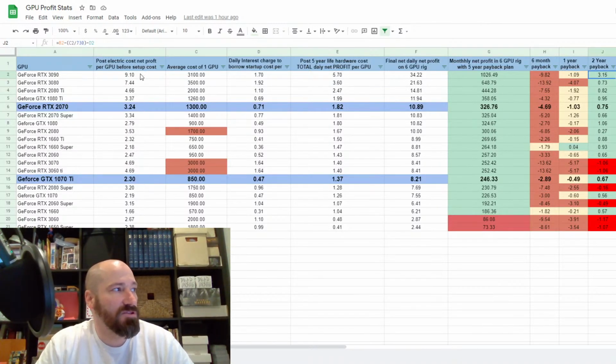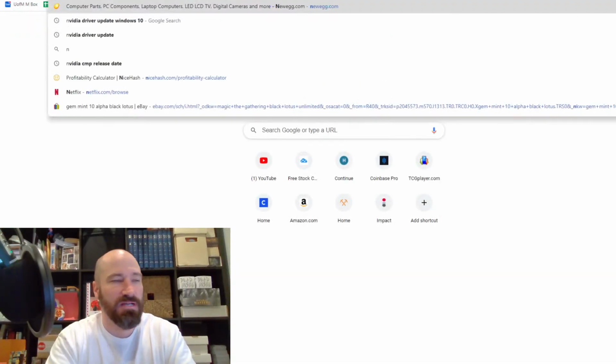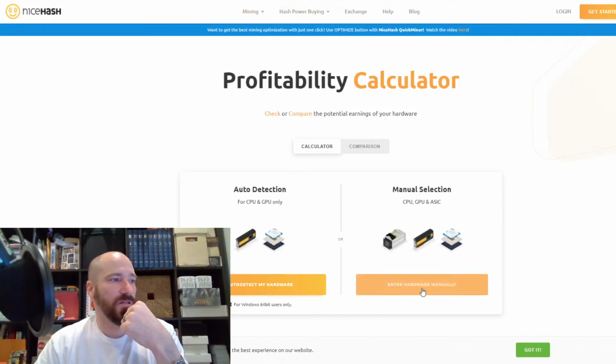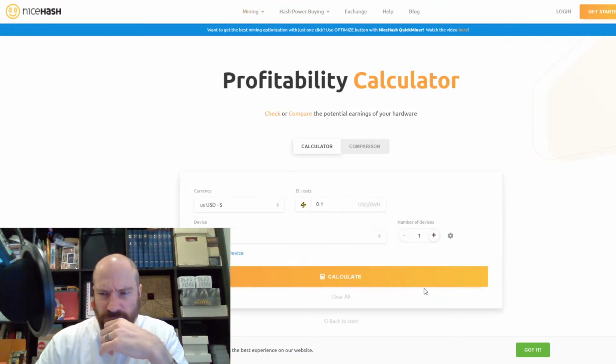And this is assuming the current post-electric cost net profit that you could look up on NiceHash, for example. If you look on NiceHash, you should get $10 to $13 a day on that 3090.